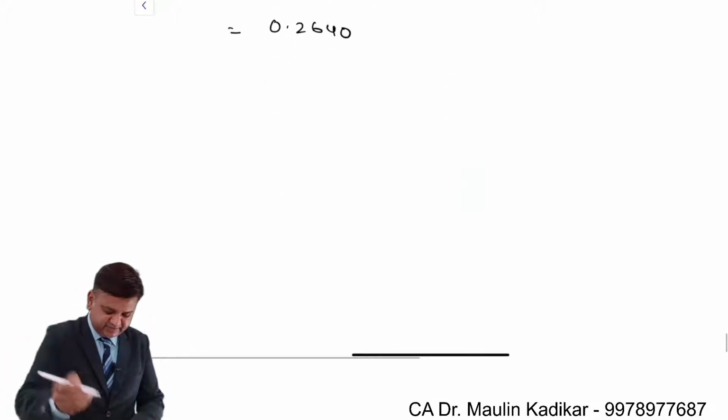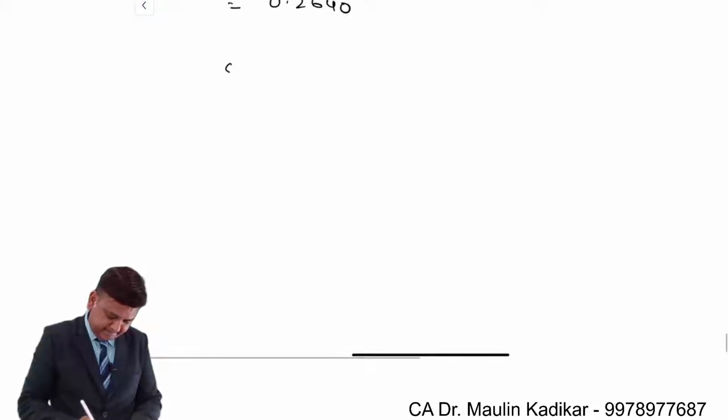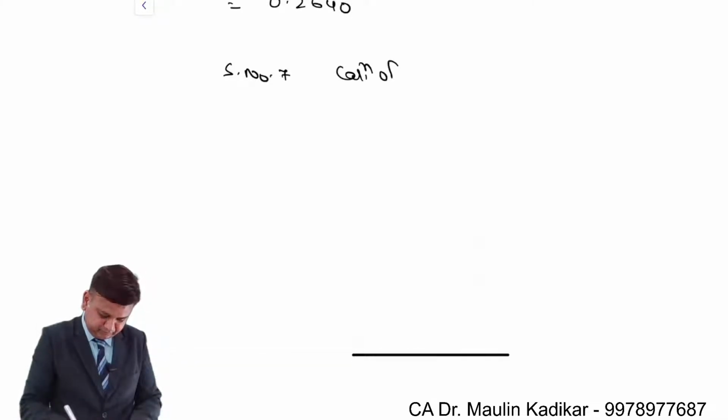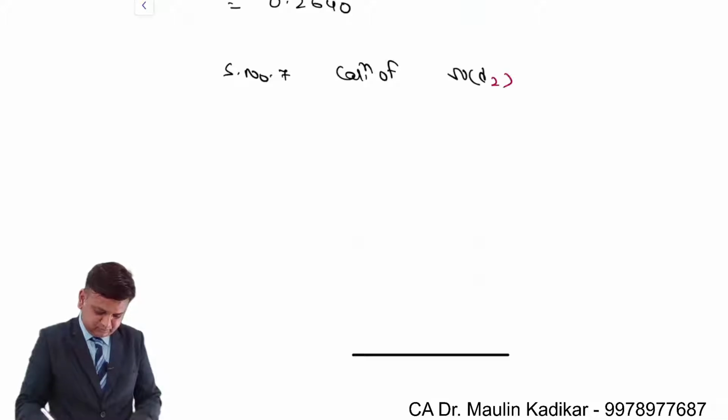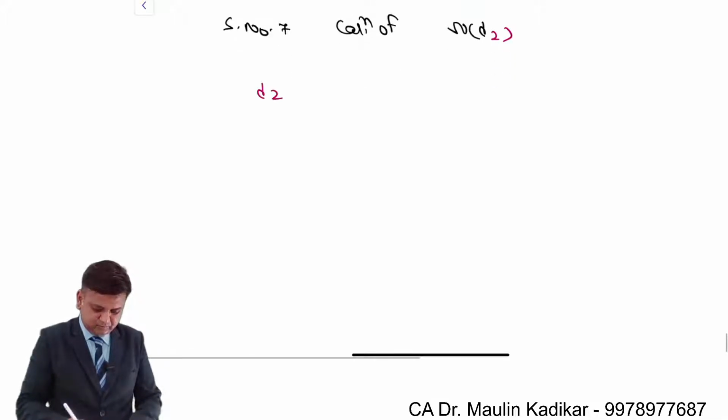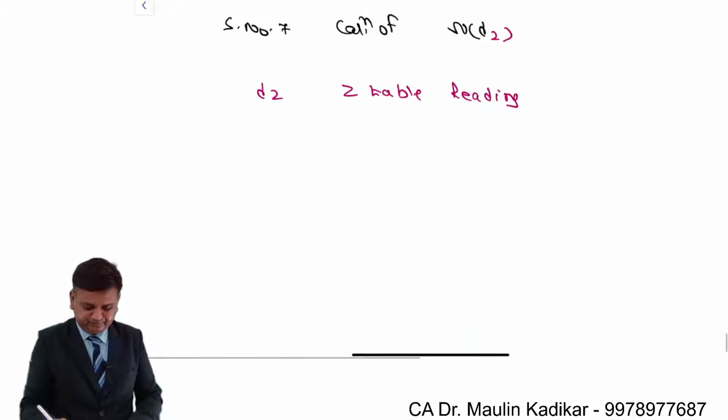Then step number 7 is ND2. So D2 value and Z table reading.